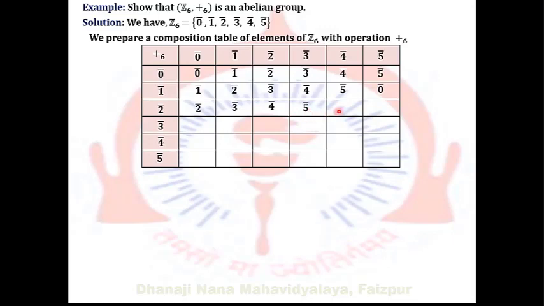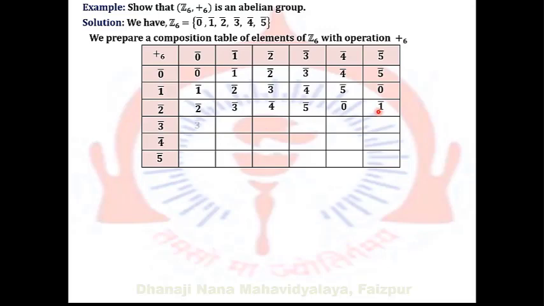And again 2 bar plus 4 bar is 6 bar, but it is equal to 0 bar. 2 bar plus 5 bar is nothing but 7 bar, but here the operation is addition modulo 6. So if we divide 7 by 6, the remainder is 1. So 2 bar plus 5 bar is 1 bar.